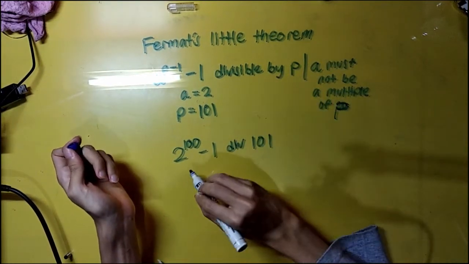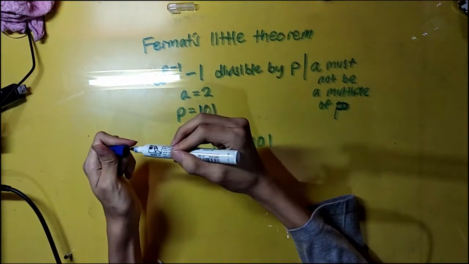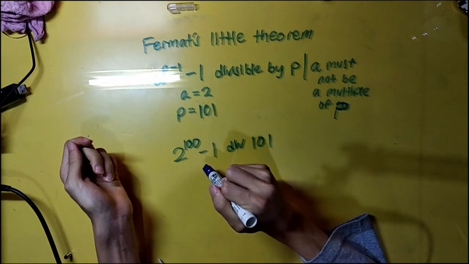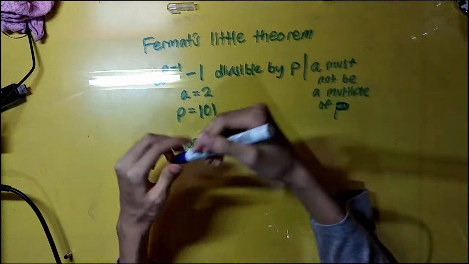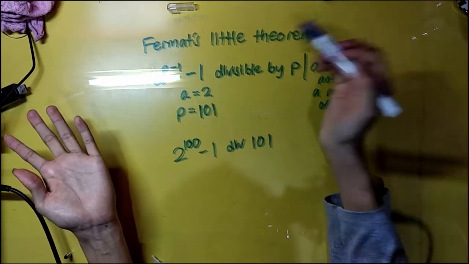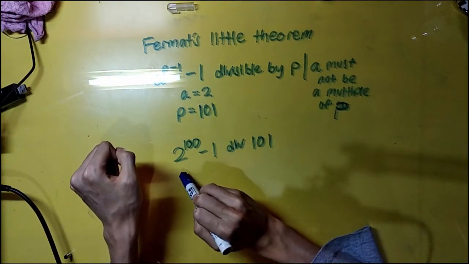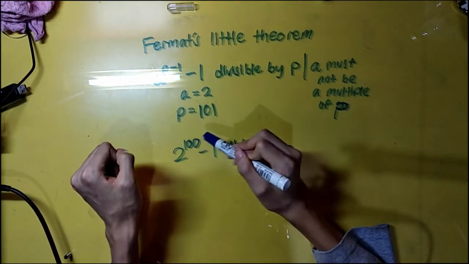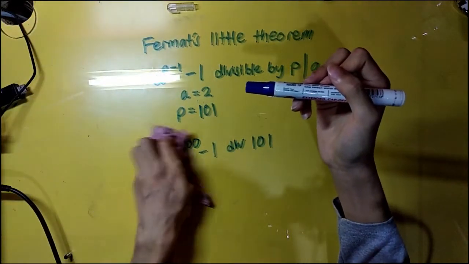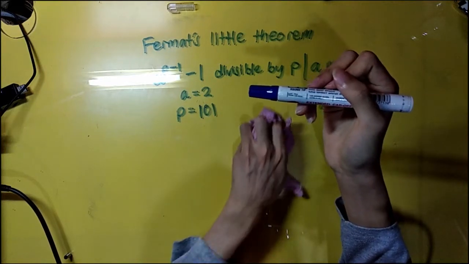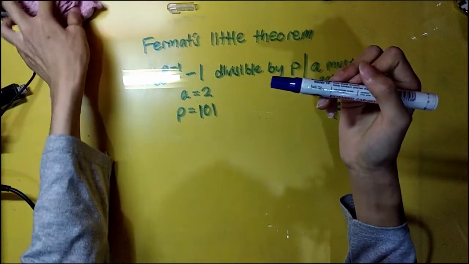You wouldn't have known this fact if not for Fermat's little theorem. It's also very difficult to prove this fact by hand or even by calculator, because it's going to have to deal with huge numbers. It might crash, but because of this convenient trick, we automatically know that this number is divisible by 101. And we can use that fact in other calculations, which is important, again, in cryptography. The simplification of really big numbers, basically.